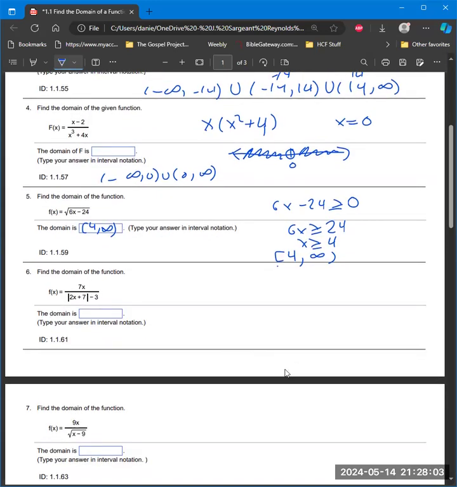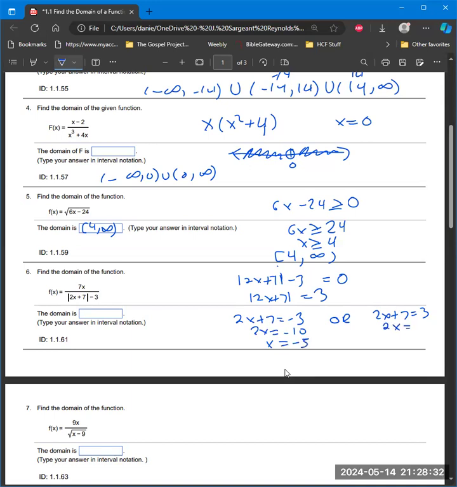Now this denominator isn't allowed to be 0, so absolute value of 2x plus 7 minus 3. We don't want that to be 0, so let's set it equal to 0. The absolute value of 2x plus 7 equals 3, which means 2x plus 7 equals -3, or 2x plus 7 equals 3. 2x is equal to -10, meaning x is -5.